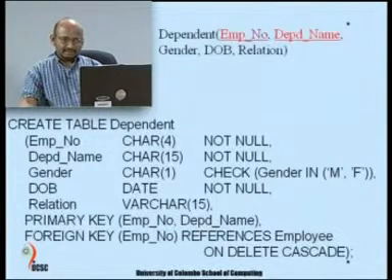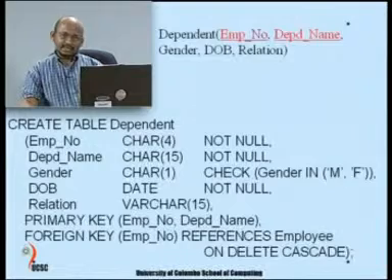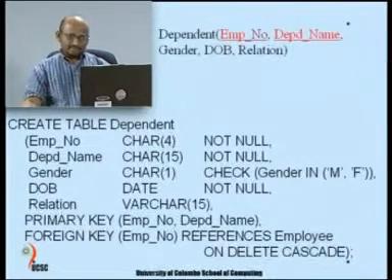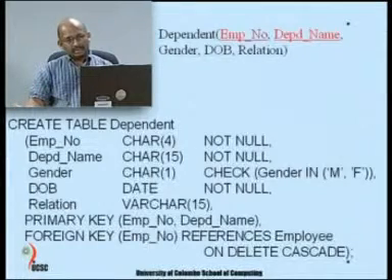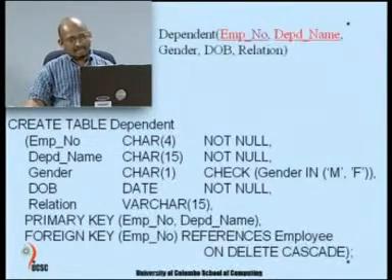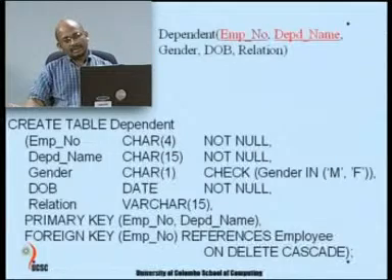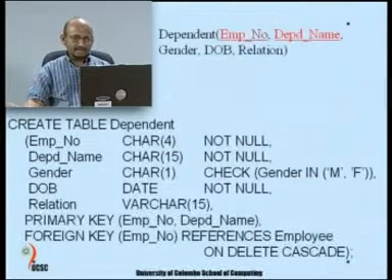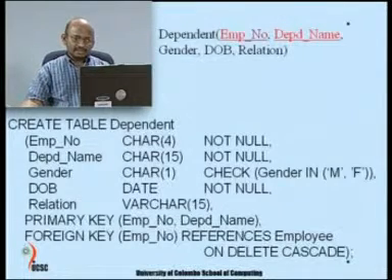We do not need a separate check constraint at the end. But in the primary key, because we had not null earlier, we put the primary key definition at the bottom, but if we did not have that, we could have used the primary key in the same line itself. So, this covers an example of a primary key involving multiple attributes, a composite key involving two attributes. You just separate them by comma and use within brackets your set of attributes.